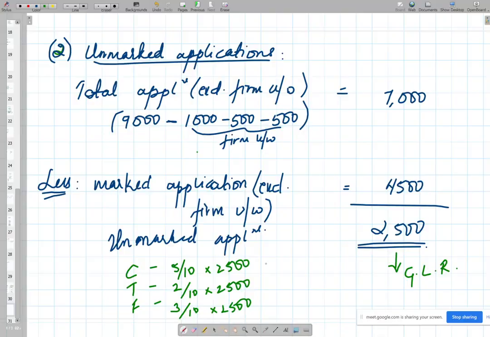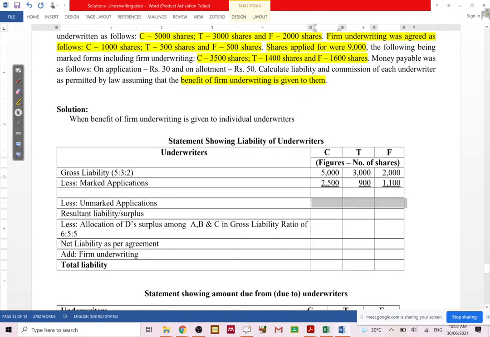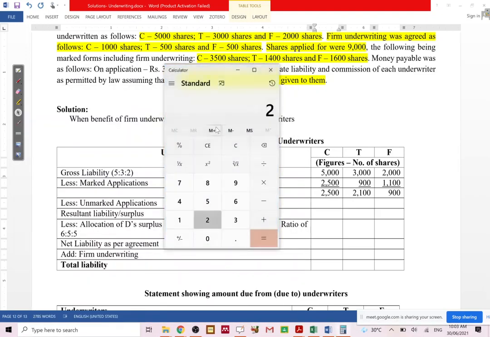So how much out of these unmarked applications will each one get? First, let's get the totals, the balances here after minusing 2500: 2100 and 900. Okay, and unmarked applications, let's calculate and see. We have total 2500 unmarked applications.